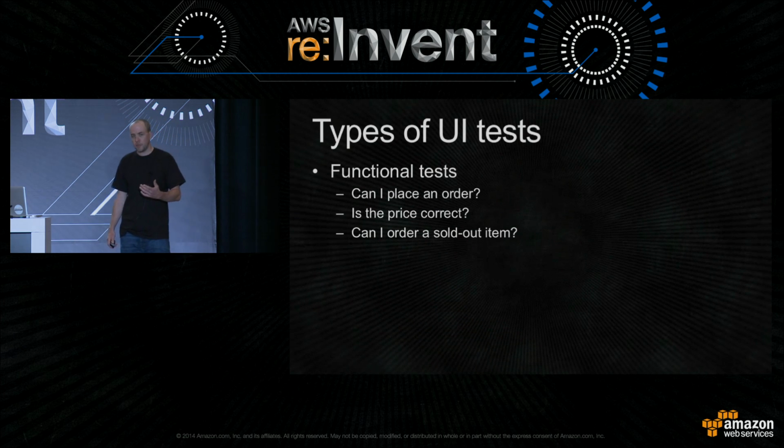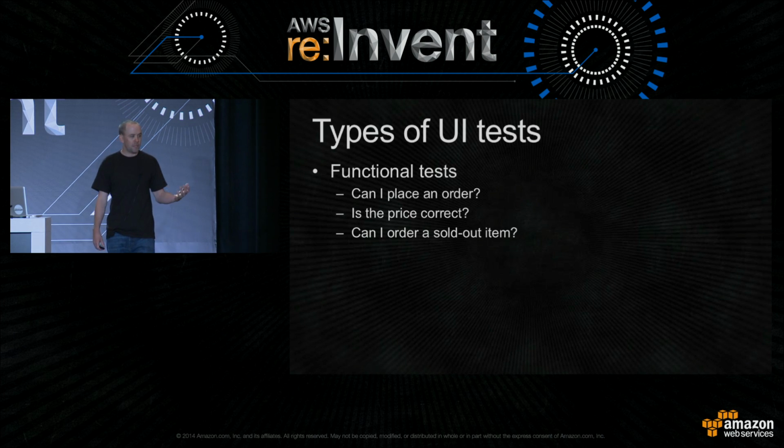So now I'm going to talk with you about a couple of the different types of UI tests that we run at Amazon. I mentioned a couple previously, but here are a couple others. So just some functional test cases. At Amazon Local, we want to make sure that somebody can get through and place an order, so we have a test that validates that.